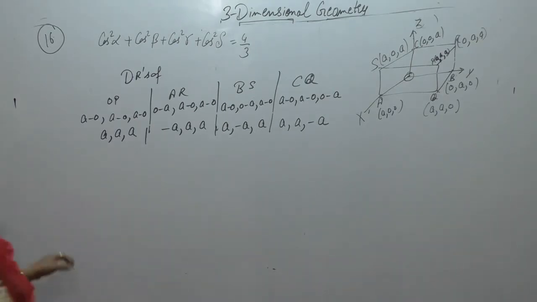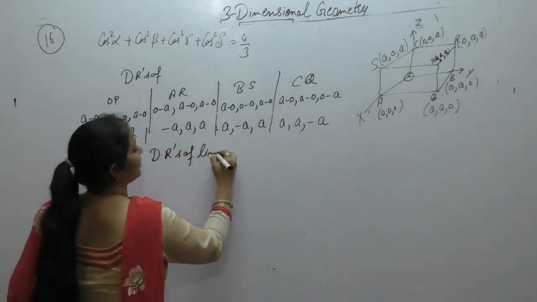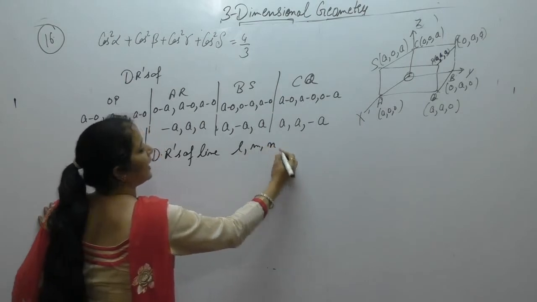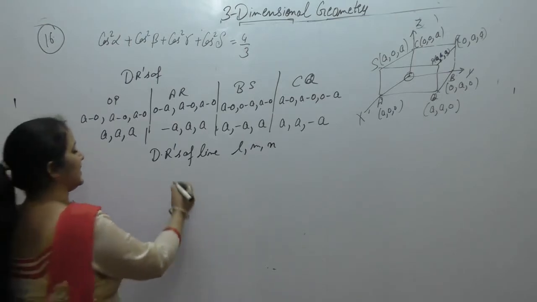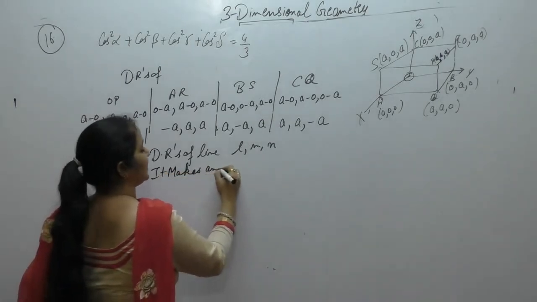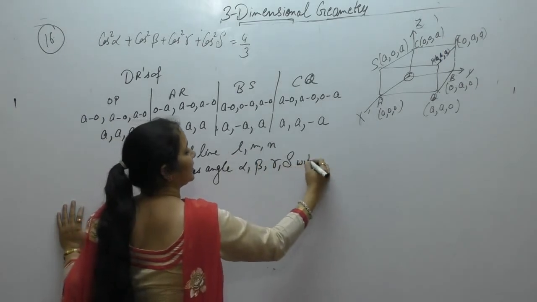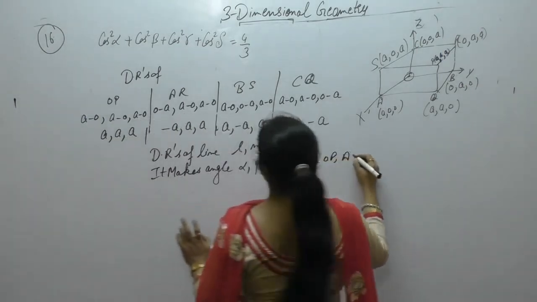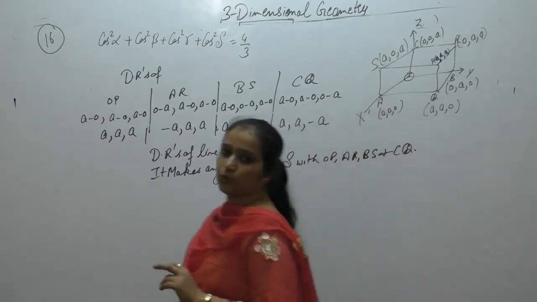Let the direction ratios of the line be proportional to l, m, n. Suppose this line makes angles alpha, beta, gamma, delta with OP, AR, BS and CQ.